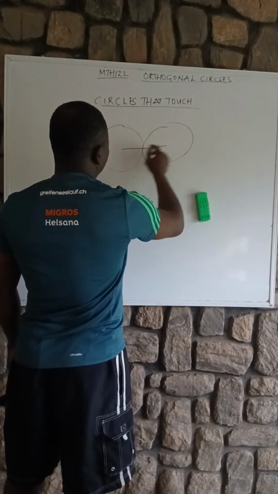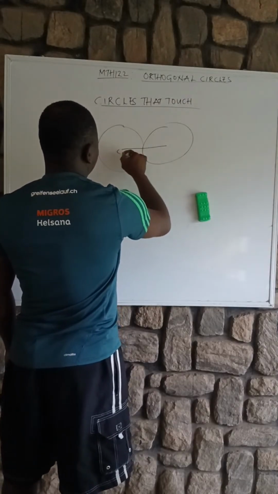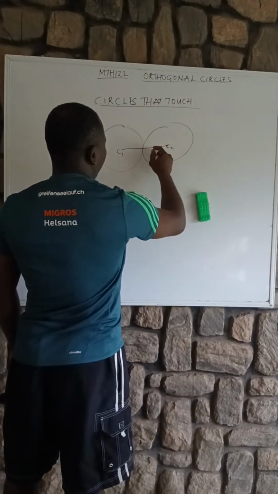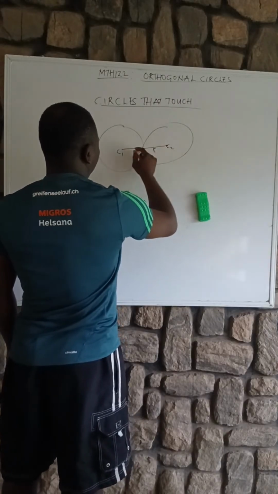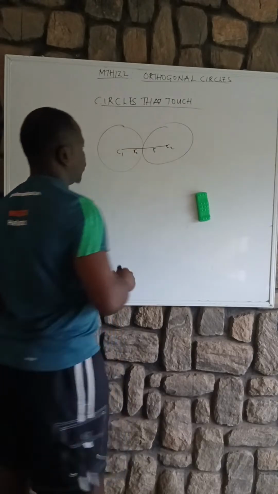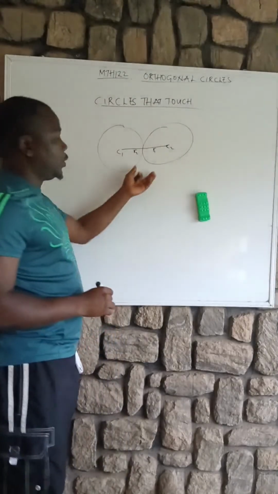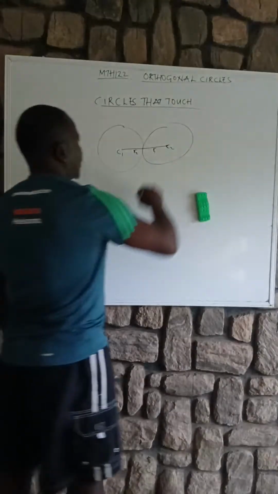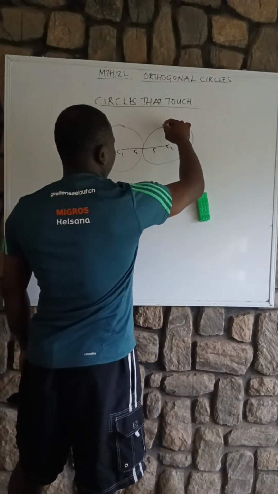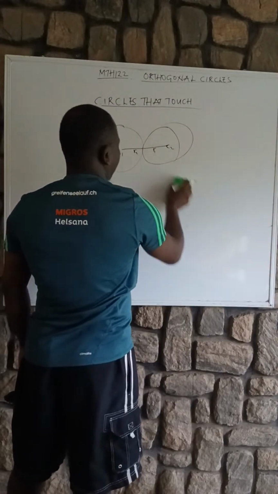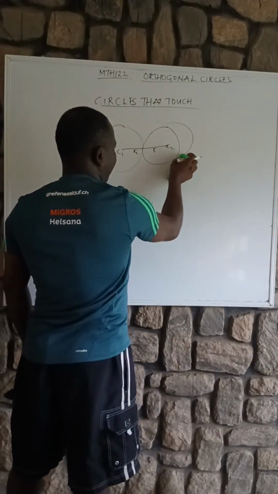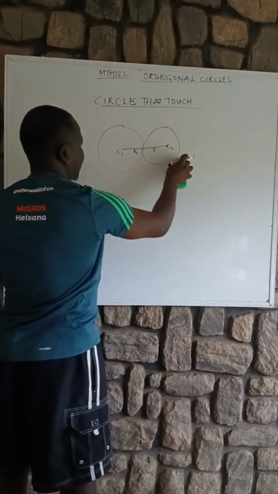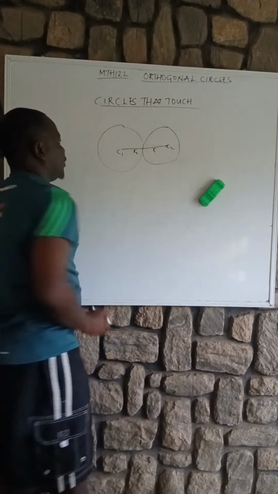This is center 1, center 2, and this is radius R1, R2. I know the drawing is not perfect. You can draw it with your compass.